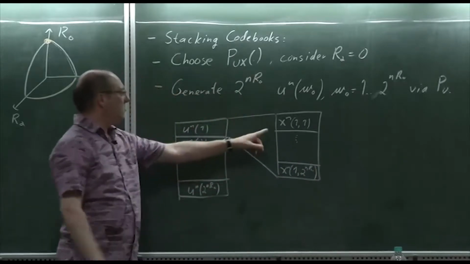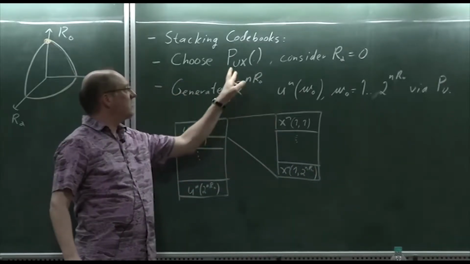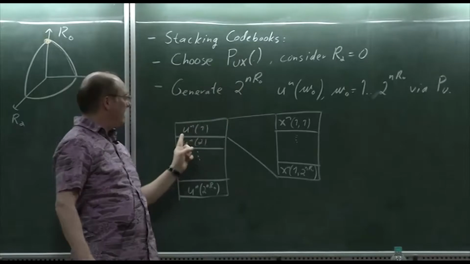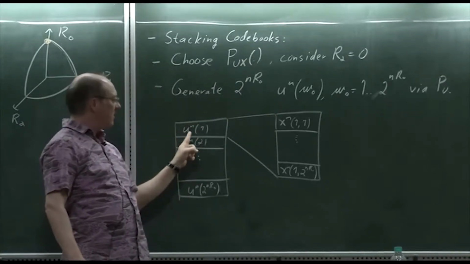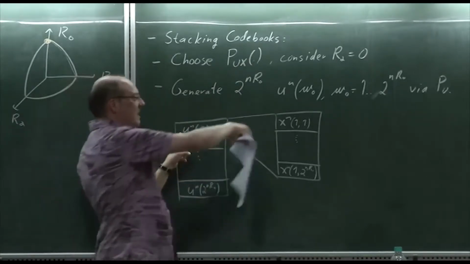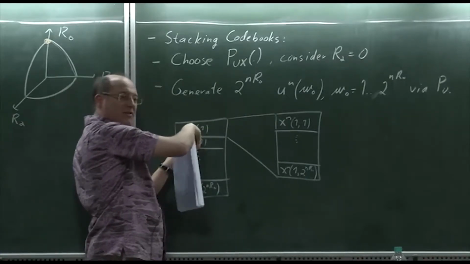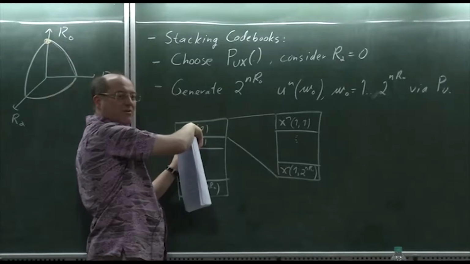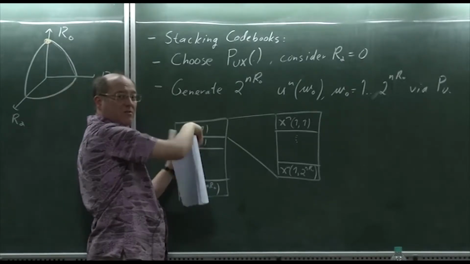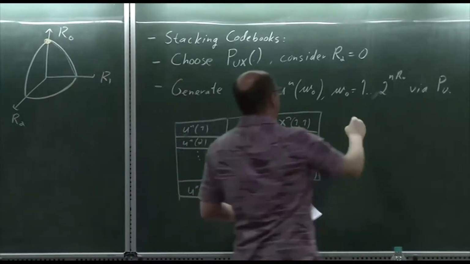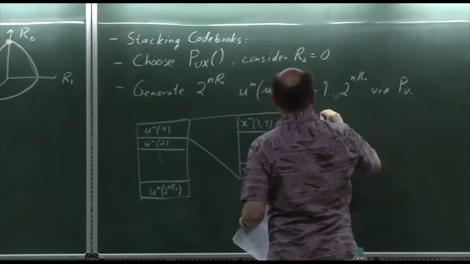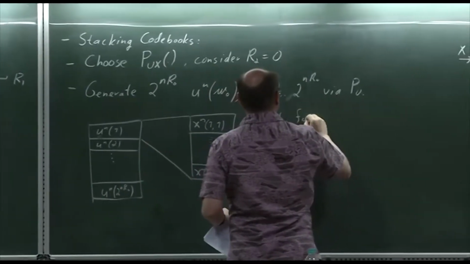And the way we're going to choose these code words is we're going to consider the conditional distribution. For every one of these letters, so for the first letter here, we'll generate an x conditioned on that letter, generate the next x conditioned on that letter, next x conditioned on that letter, and so on. Okay? That's the construction.